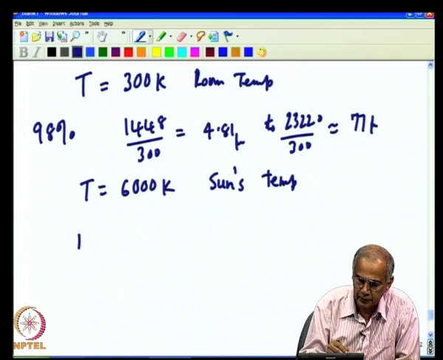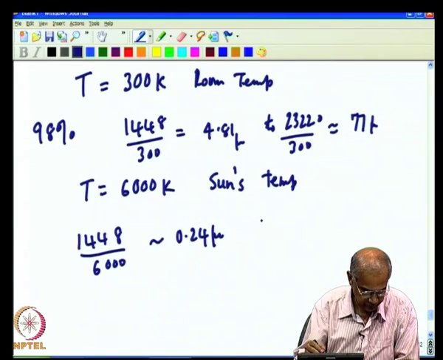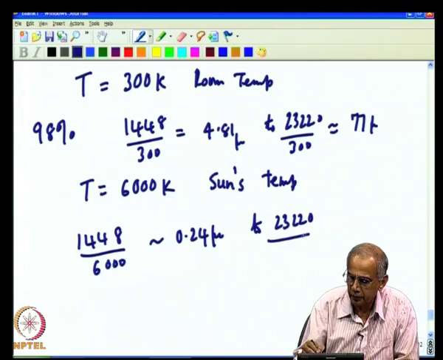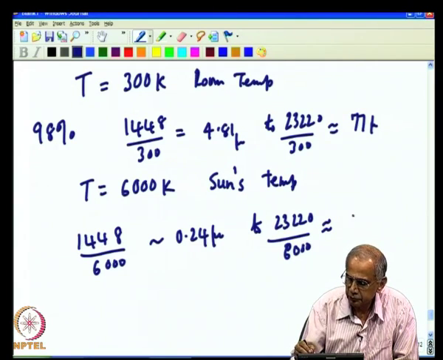So, 98% of the radiation lies between around 0.24 micron to 23220 by 6000, which is approximately 4 micron, very close to 4 micron.